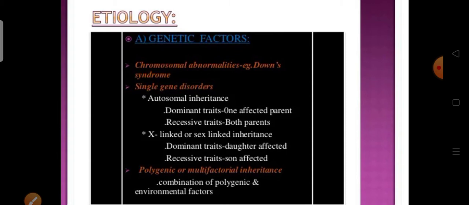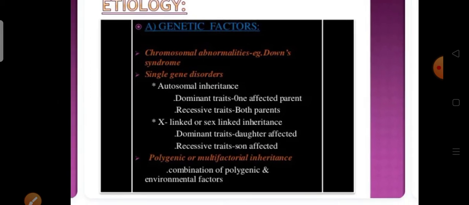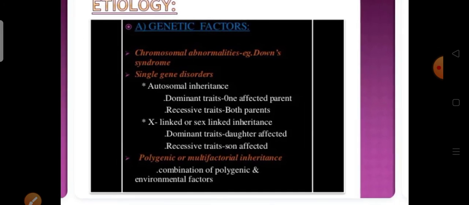Till now we discussed the causes. Genetic factors: the chromosomal abnormalities. I told you, Down syndrome, trisomy. Next, single gene disorders, autosomal inheritance. In this also, dominant traits: if one affected parent has this problem, the child may also be affected.